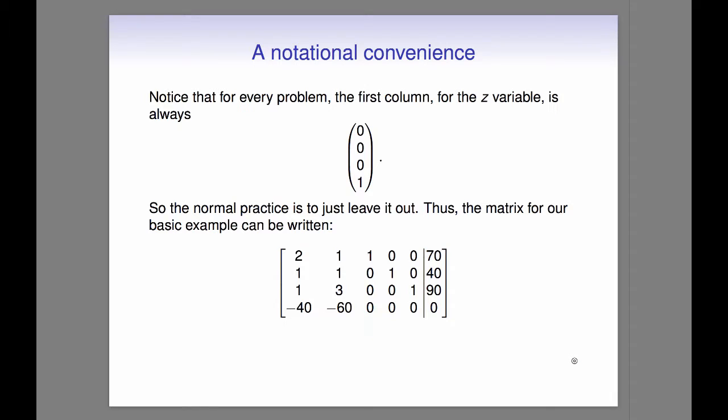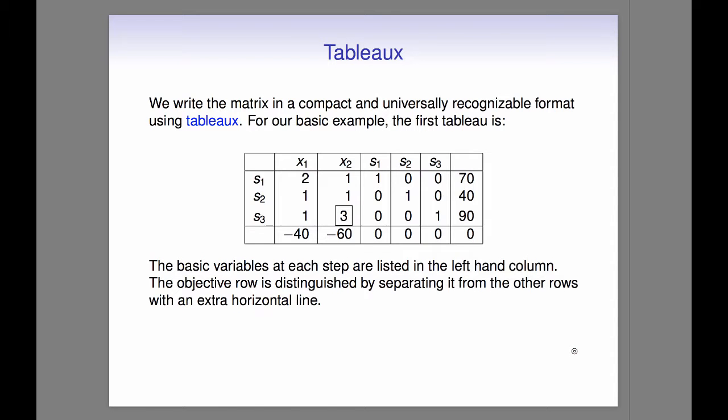Now we're going to do a couple of standard notational changes just for convenience. The first thing is that since the first column is always 0, 0, 0, 1, because that's always the case, we don't bother to write it down. We just drop that off. The second thing is we present the expression not exactly as a matrix, but as a tableau.